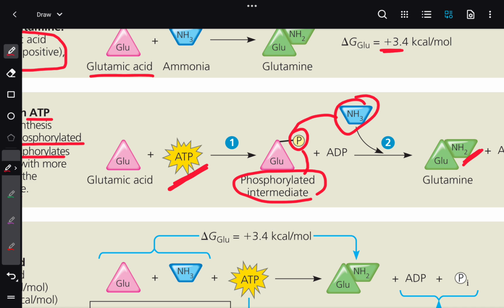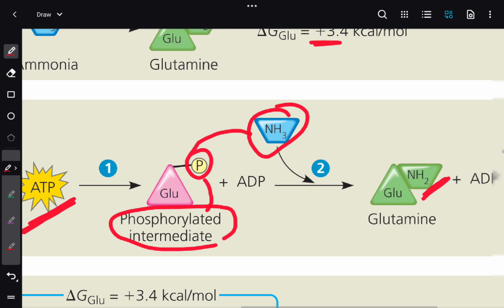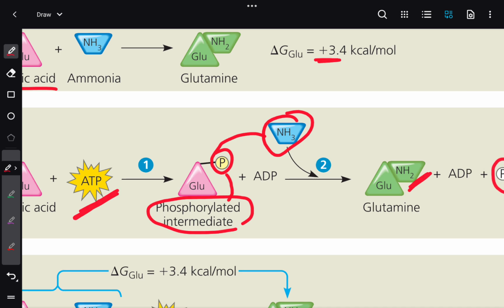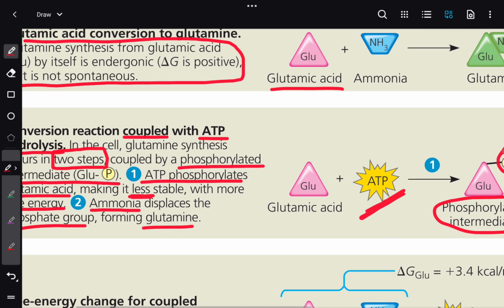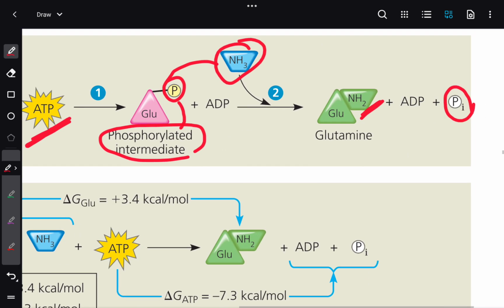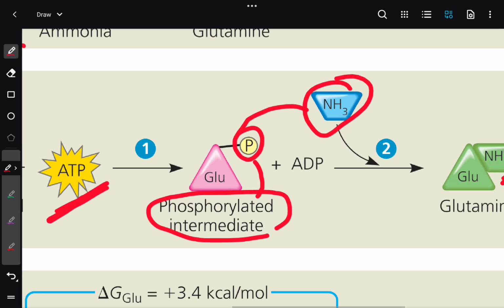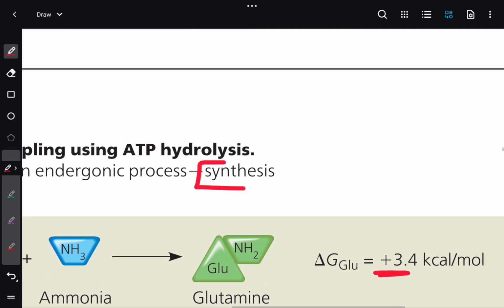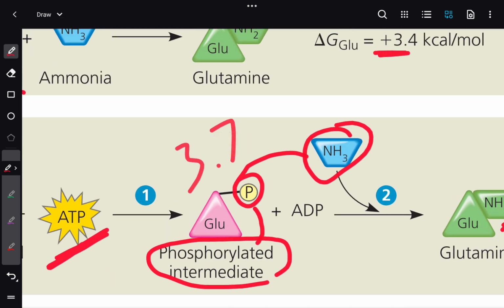Now, this phosphorylated intermediate is less stable, is more reactive. They use a lot of words like less, and more. It has more free energy, which will be used in order to drive the endergonic reaction that needs 3.4.